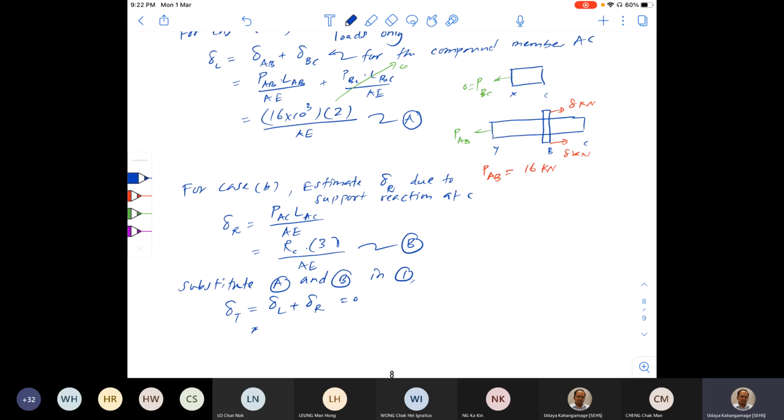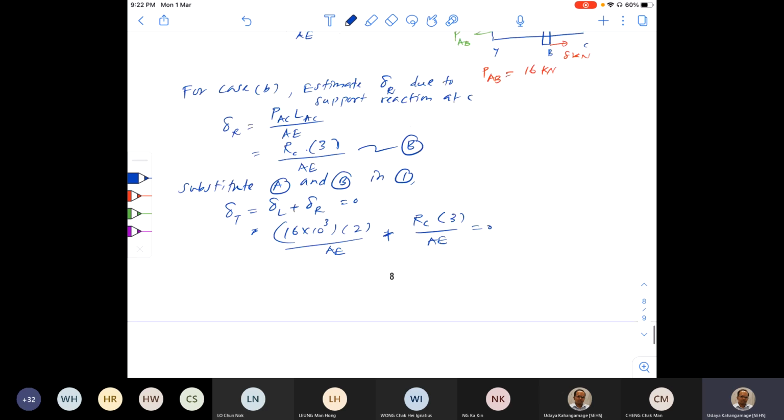That means 16 into 10 to the power 3 into 2 over AE plus RC into 3 over AE is equal to 0.